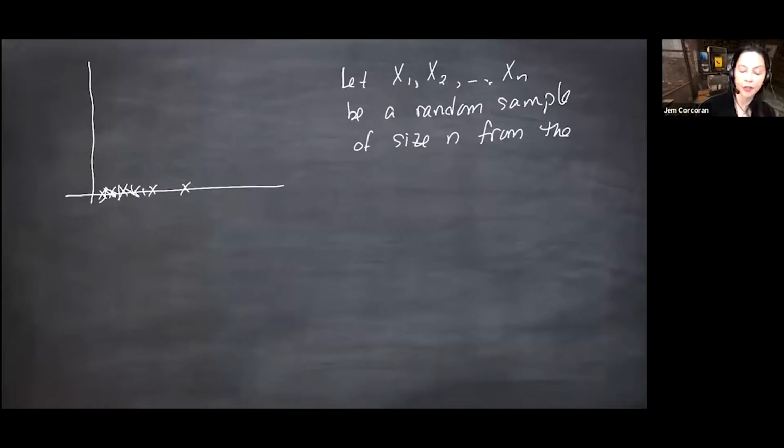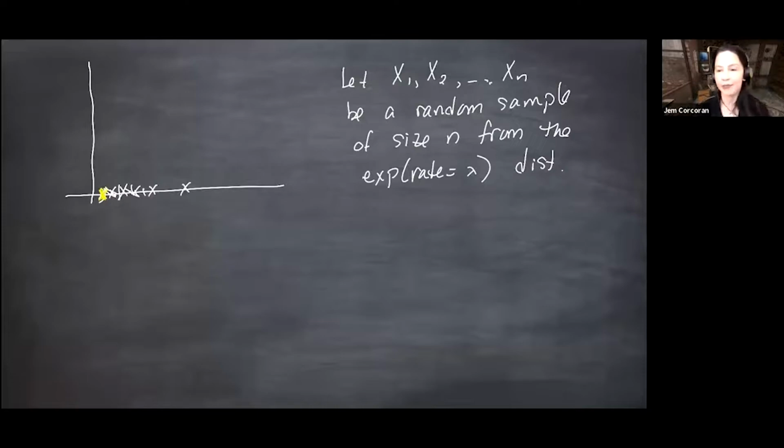We have notation for this: exp rate lambda distribution. So that means I have n little x's on my x-axis over here. And if you look at the minimum of those values, that appears right here. It's a little hard to differentiate, but I have a minimum in this sample.